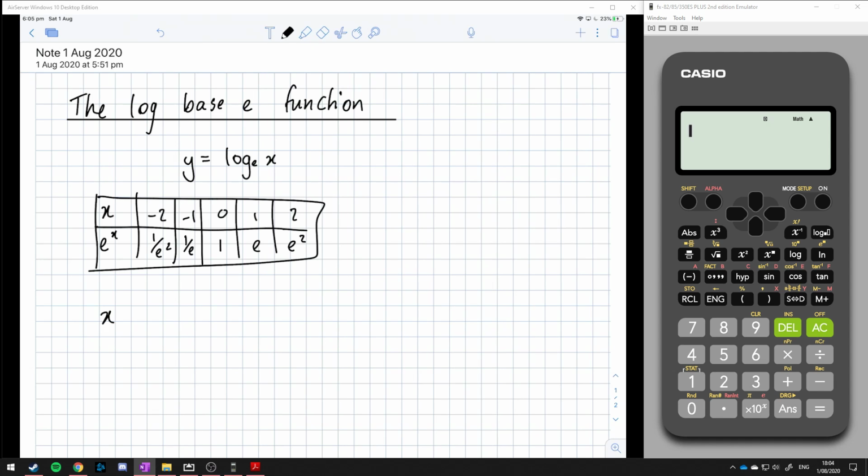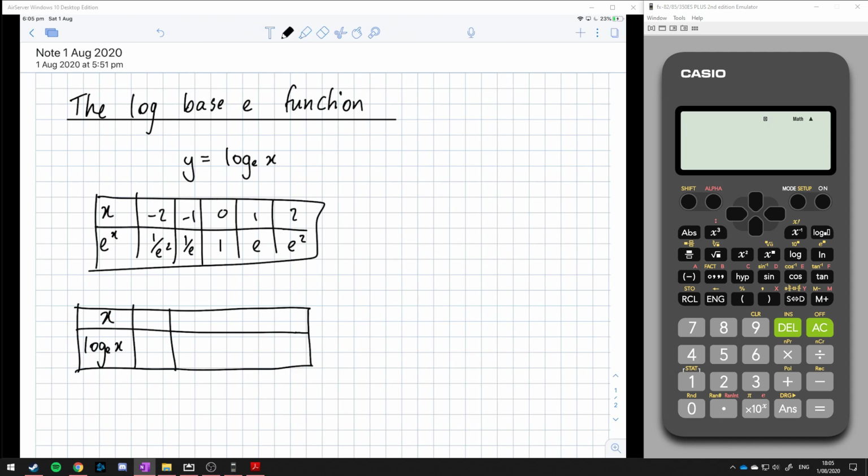Now we're going to have a go at doing log e of x. What you might notice on your calculator is that we don't have a log base e button; we'd have to do the change of base, and that would take a long time.